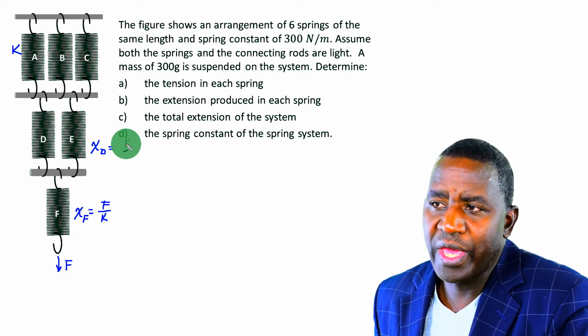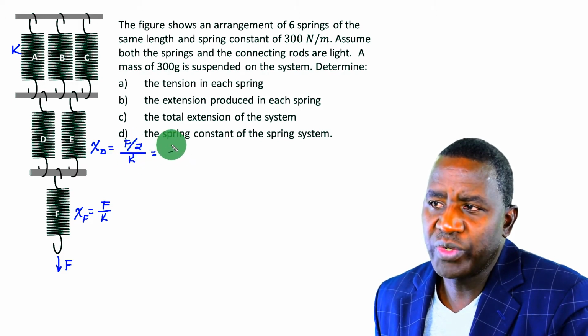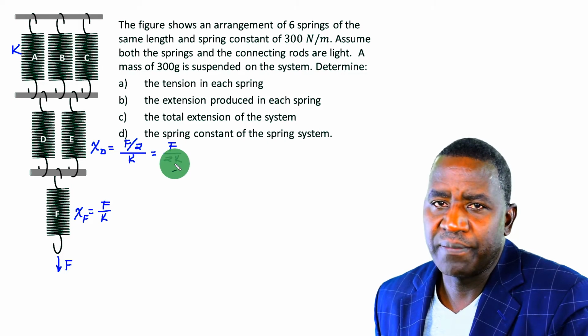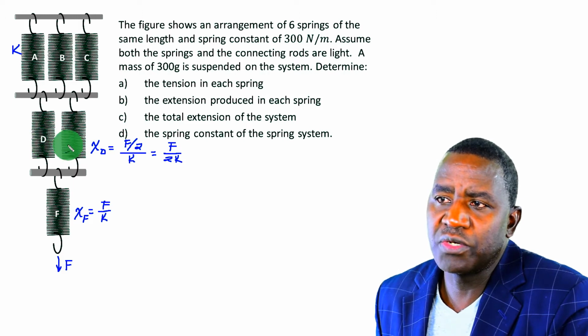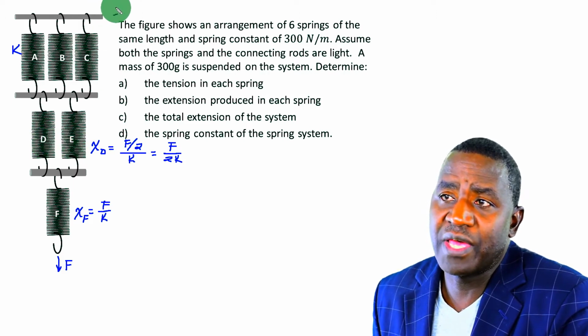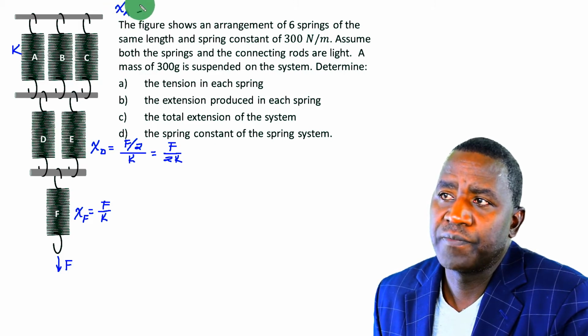It's going to be equal to F divided by 2 over K. This one will be F divided by 2K. How about in A? Remember, the extension in D is equal to the extension in E. That is why I'm just calculating just one of them.